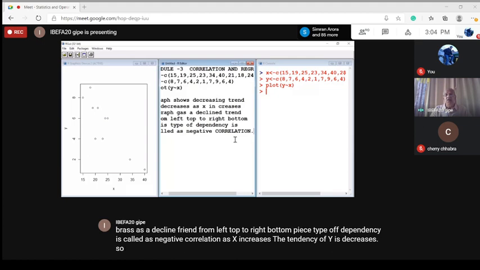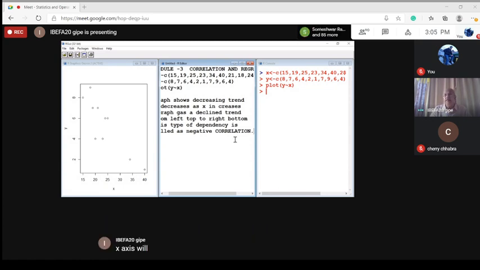So it is called negative correlation between variables Y and X. The X-axis will be the distance, I told you. Y-axis is the dependency.